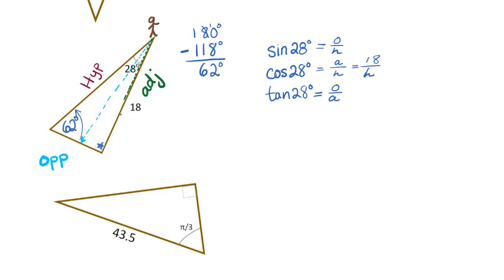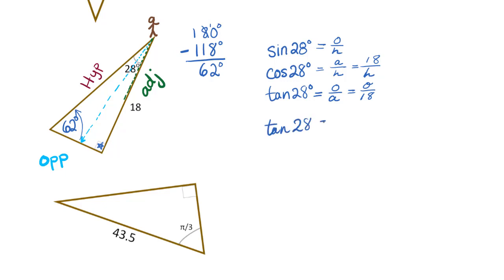And that one would work too because I don't know opposite, but I know adjacent. So it would be opposite over 18. So I could use either one of these, cosine of 28 degrees or tangent of 28 degrees, to find the unknown value. I'll go ahead and use tangent.